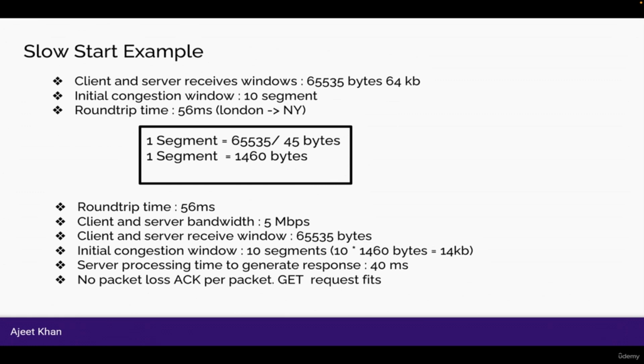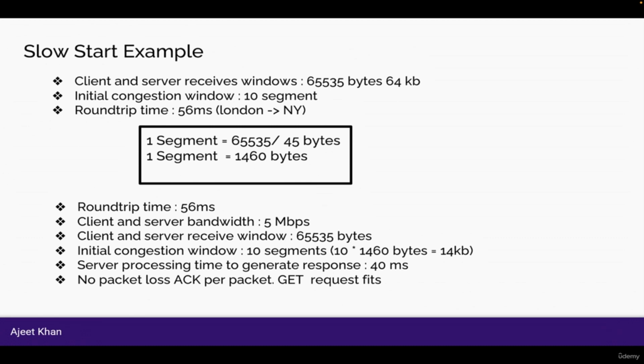If not, we are going to spend a bit more time on a slow start example. The client and server receive windows are 65535 bytes, that is 64 KB. The initial congestion window is 10 segments, and the round trip time is 56 milliseconds, considering the location to be London and New York.